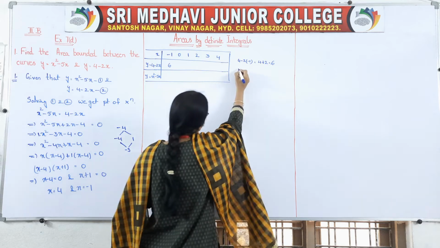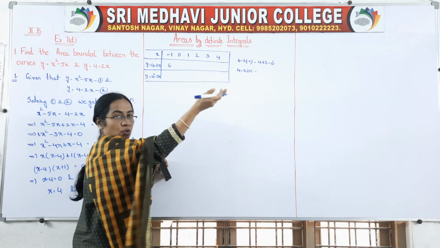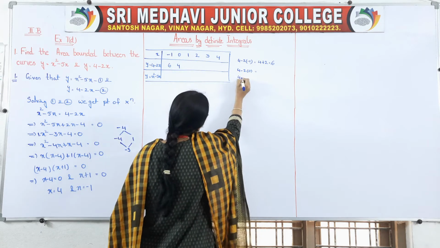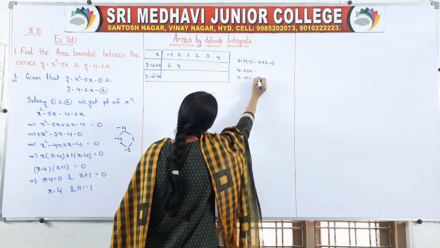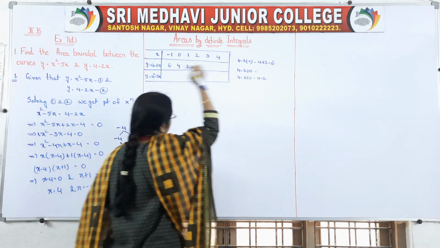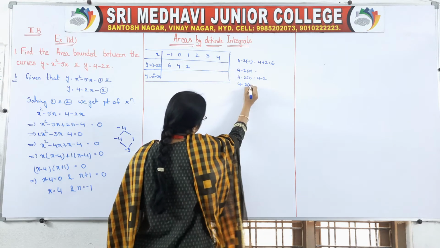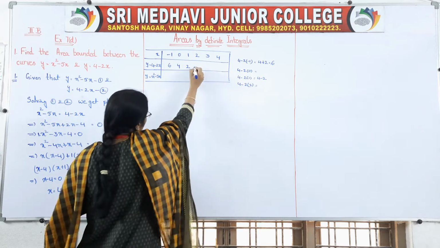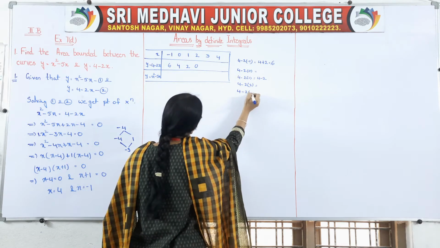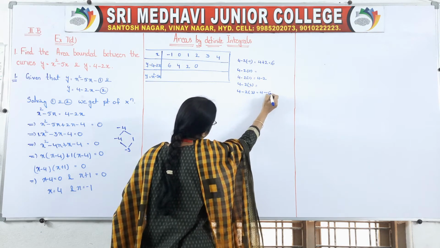Next 0: 4 minus 2 into 0, that is 4 only. Next 1: 4 minus 2 into 1, so it is 4 minus 2, that is 2. Next value is 2: 4 minus 4, 0. Next we substitute 3: 4 minus 2 into 3, so 4 minus 6.